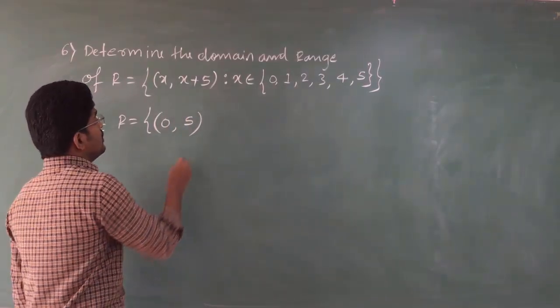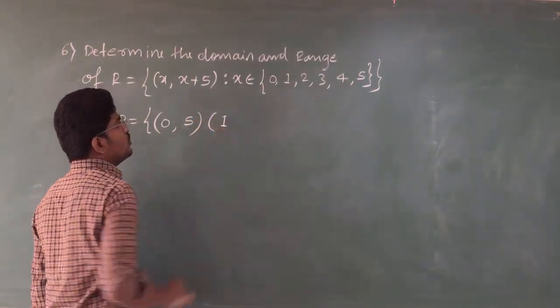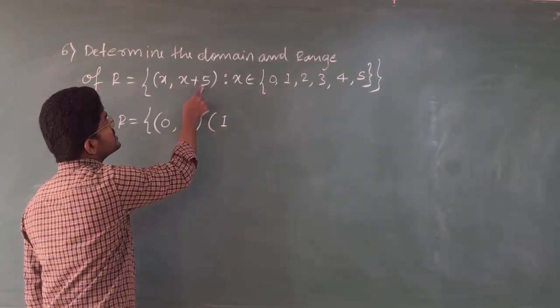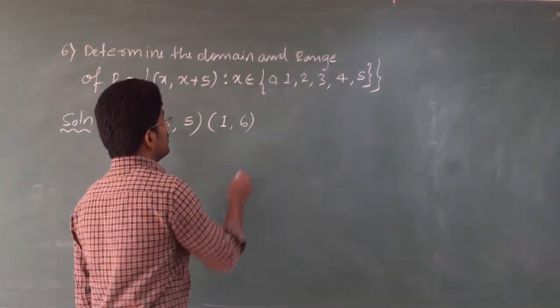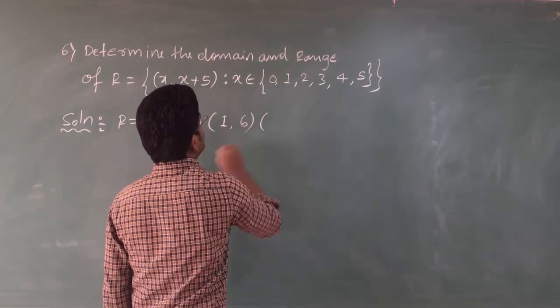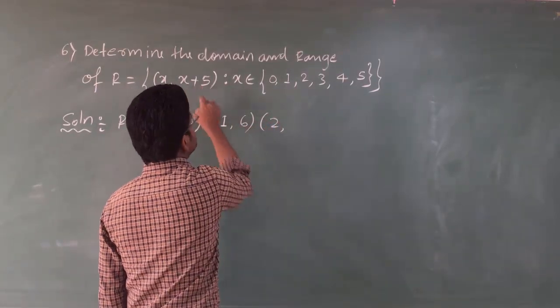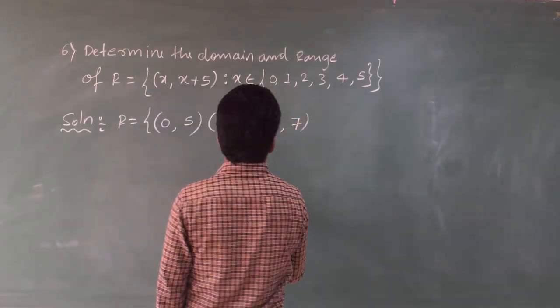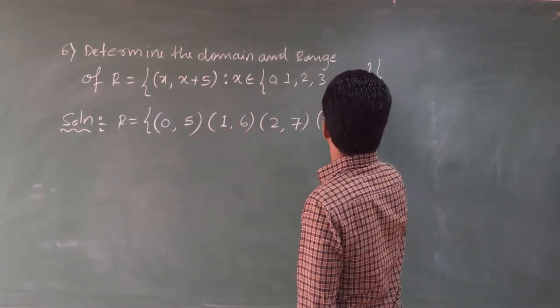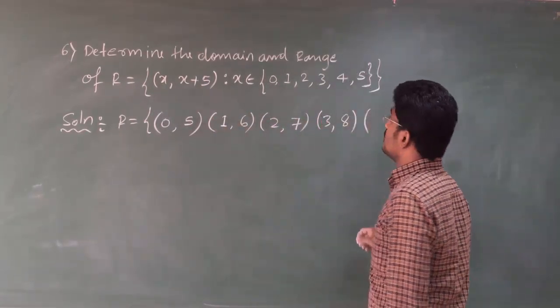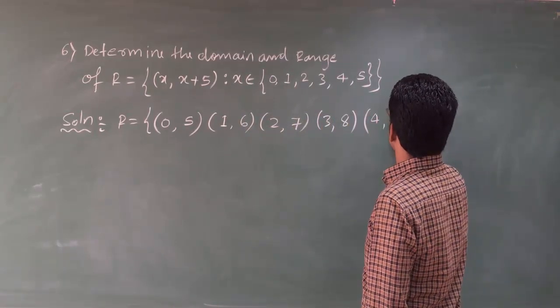Clear? Next, if I take x value 1, 1 plus 5, this will be 6. Clear? If I take x value 2, 2 plus 5, 7. If I take x value 3, 3 plus 5, 8. If I take 4, 4 plus 5.